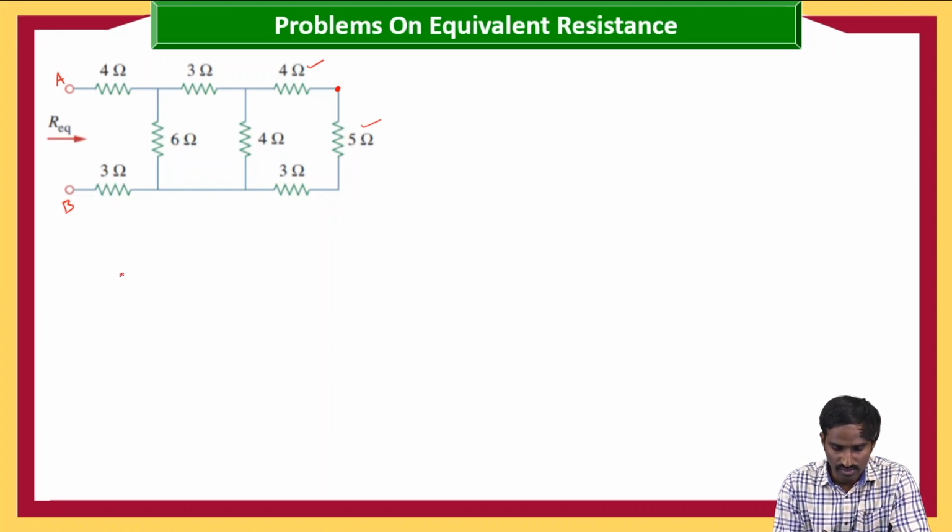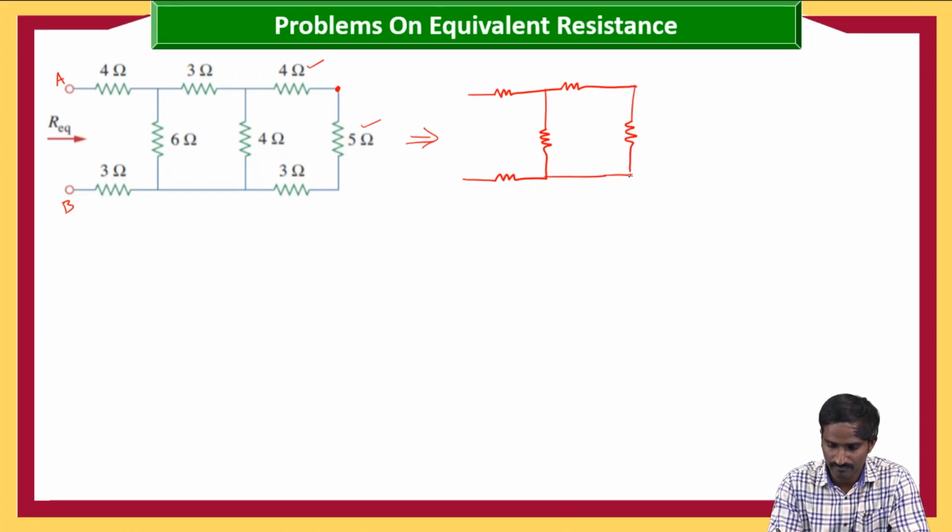Then again we need to draw the same circuit. For the first problem, I am drawing it as it is. The equivalent circuit must have the same resistors drawn as they are: here it is 4 ohms and here it is 3 ohms, again here it is 6 ohms and here 4 ohms and then 3 ohms, and here there is no resistor.